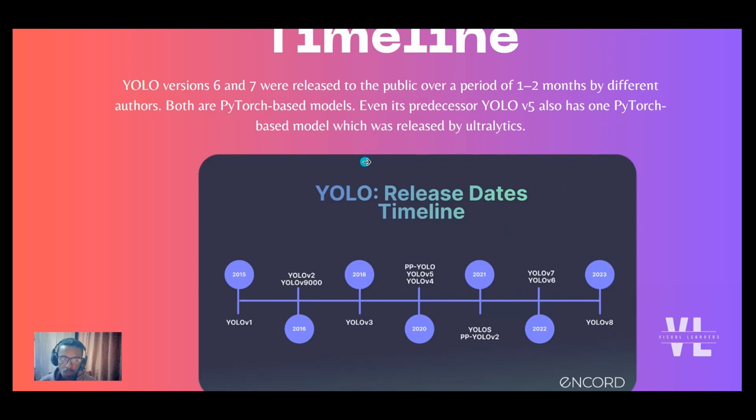So YOLO V6, 7, and 8, all of them were implemented using PyTorch. And even its predecessor, YOLO V5, which was released by the same company, was a PyTorch-based model. And it was released by Ultralytics.